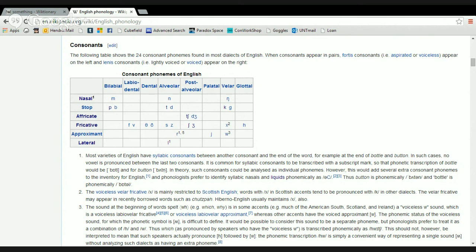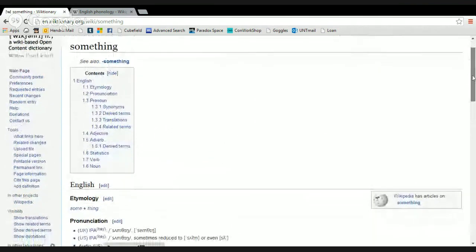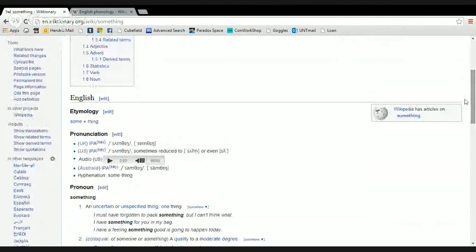Yeah, so in fact, I highly recommend the Wiktionary. Right over here, this one that I'm using, it's Wikipedia's dictionary. Sometimes it has a little bit too much information that can be confusing to people, but right here in this pronunciation section, you'll notice it has UK, US, Australia, and sometimes even more.